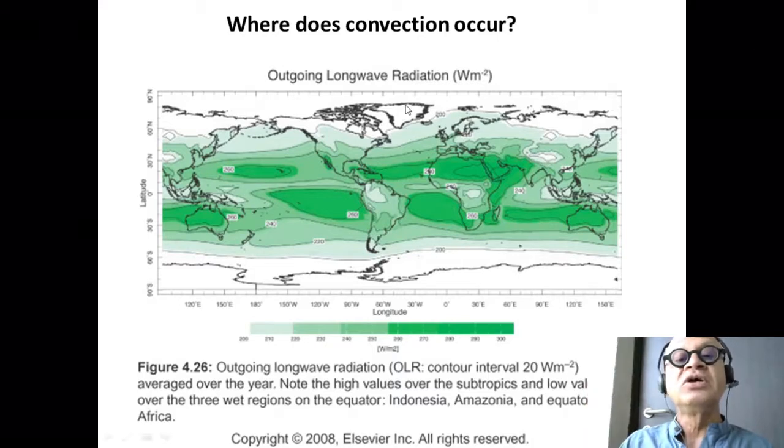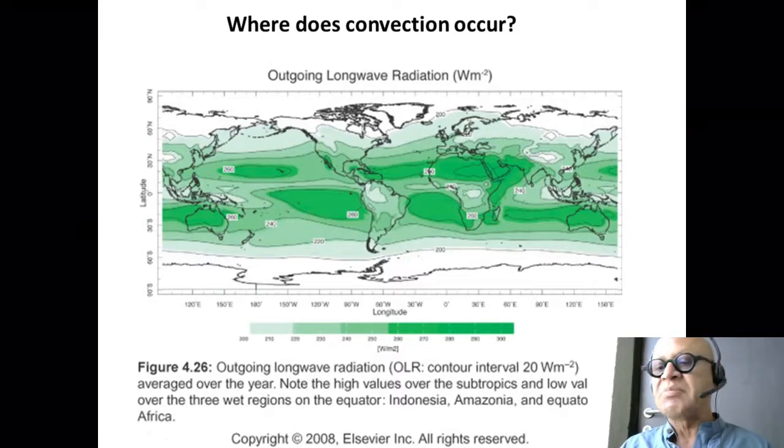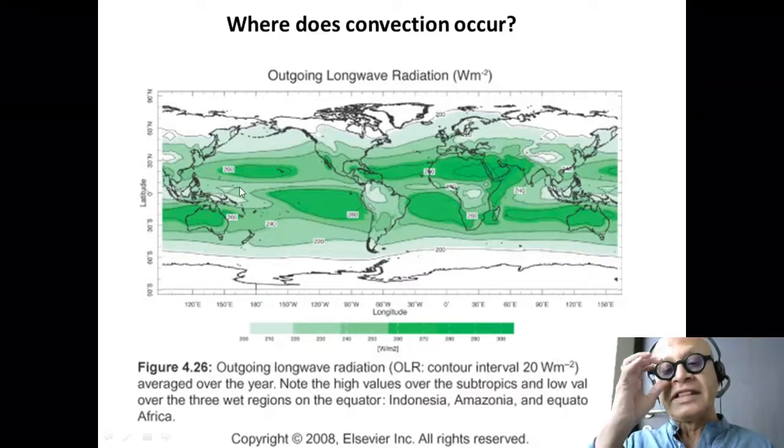Remember, outgoing longwave radiation is sigma T to the fourth. If it is low, it just means temperature is low. Obviously that is coming from the cloud top, and that means there is deep convection, right? So this was a good indication of where the convection was happening in the atmosphere.